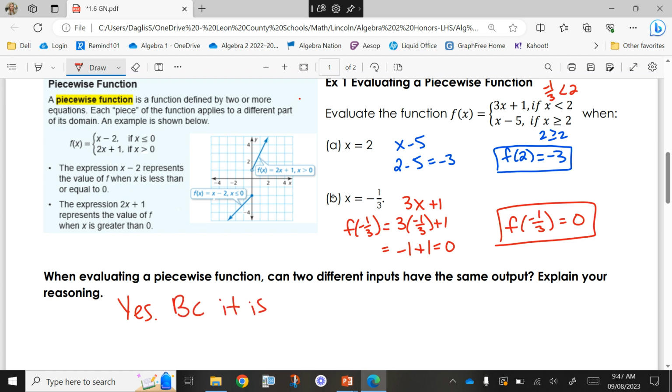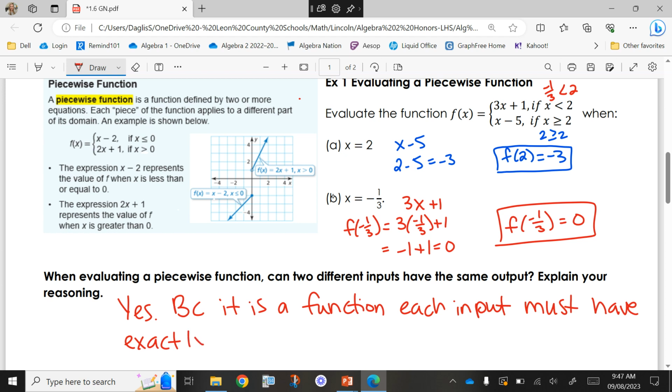Because it is a function, each input must have exactly one output.